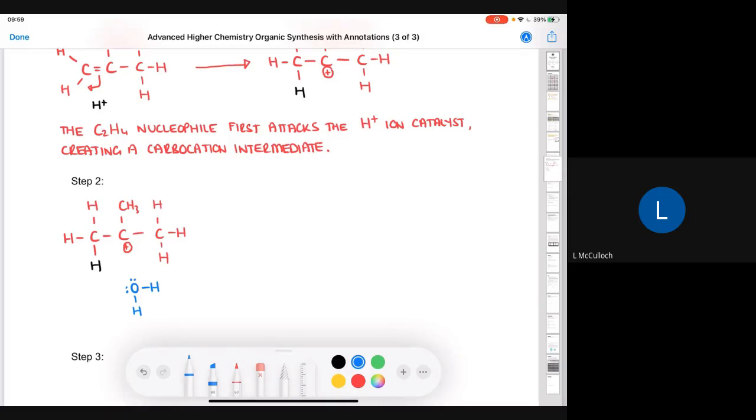So I'm going to start my curly arrow where one of the lone pairs of electrons is on the oxygen, and I'm going to end that where I'm going to put the bond between the carbon and the water. So we'll end up with something that looks like this.